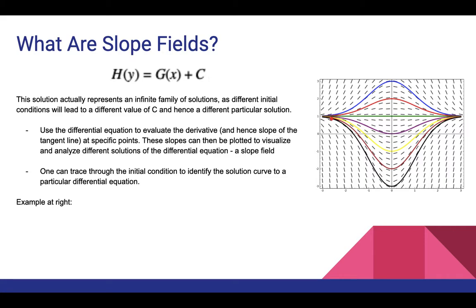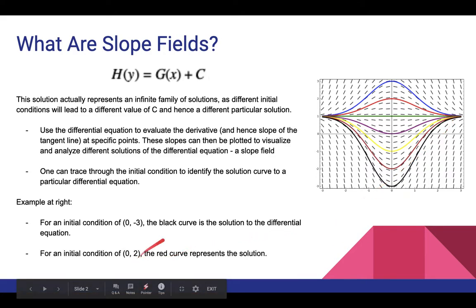Something that's very useful and time-saving and efficient if it's not worth the time to try and grind out a solution. So for an example at right, for an initial condition of x equals 0, y equals -3, the black curve is the solution to our differential equation. For an initial condition of x equals 0, y equals 2, we can see that this red curve is the solution to our differential equation.